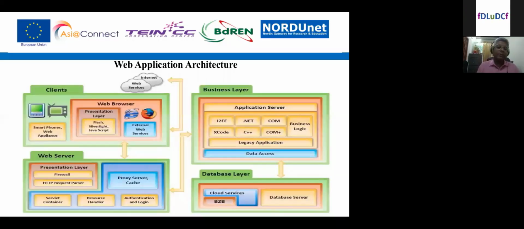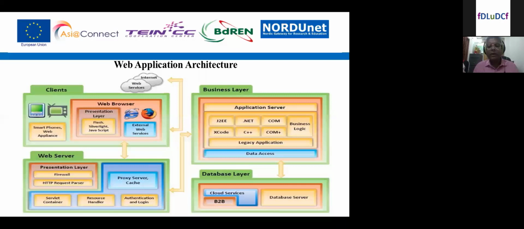Now the web application architecture. What is the architecture of the web application? The clients are connected with the internet, and then through the internet the client is connected with the web server.